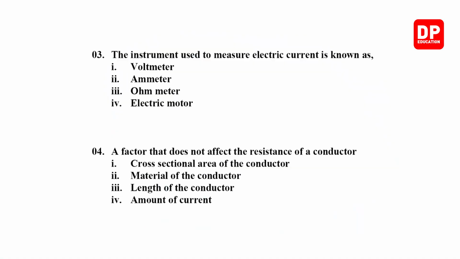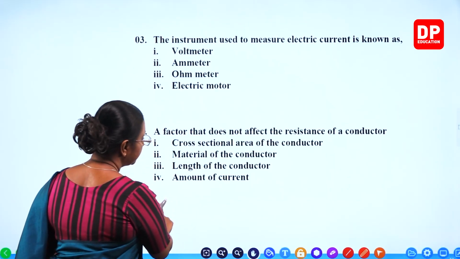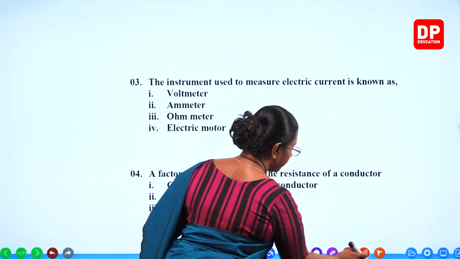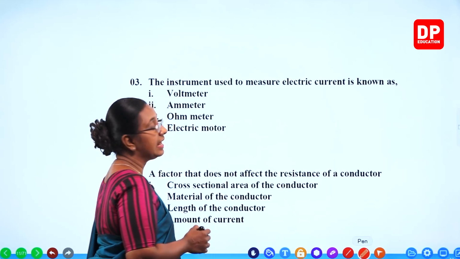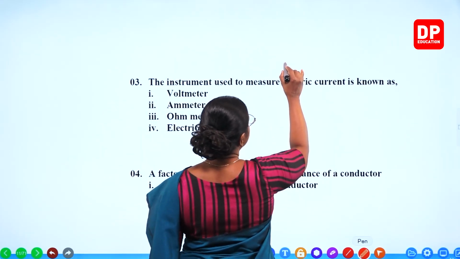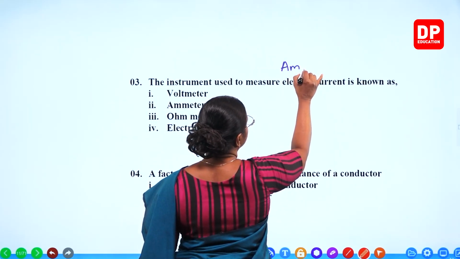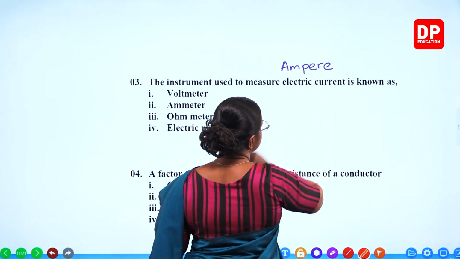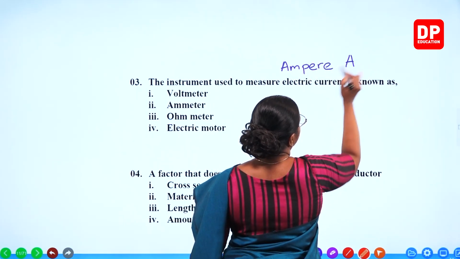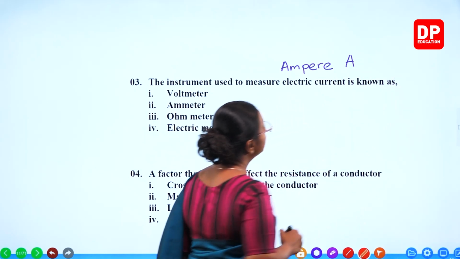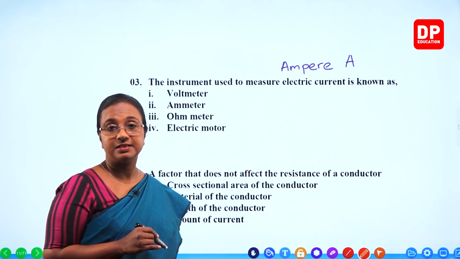Question number 3. The instrument used to measure electric current is known as. So what is the instrument? Now you all know for electric current, the ampere is the standard unit. The instrument is the ammeter.